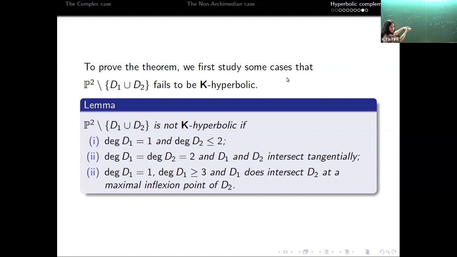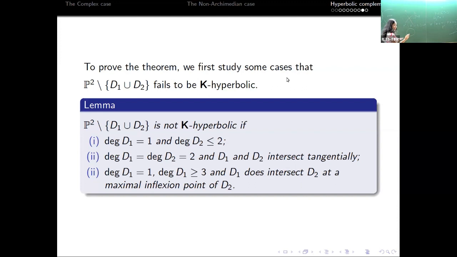So P2 minus D1 and D2 is not hyperbolic. And this is the first case. Also in the first case, if D2 has degree 2, then we have this.